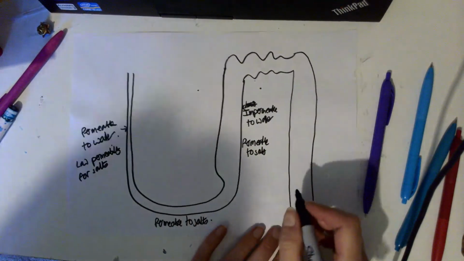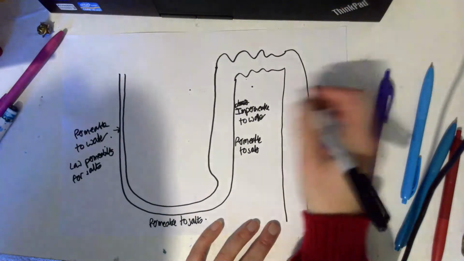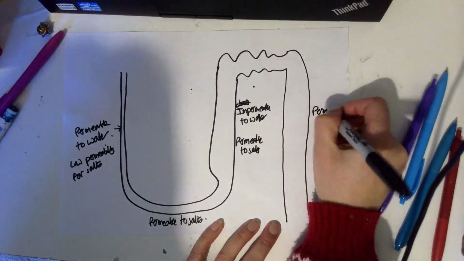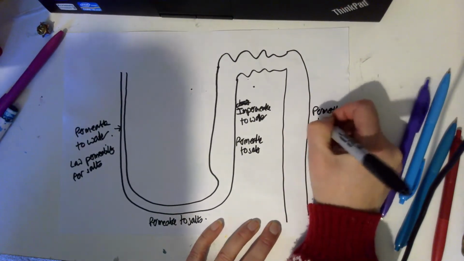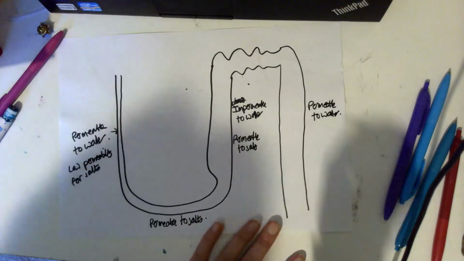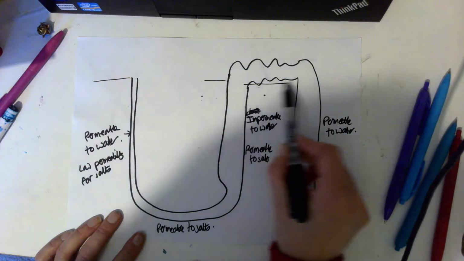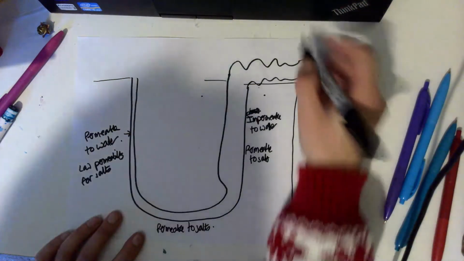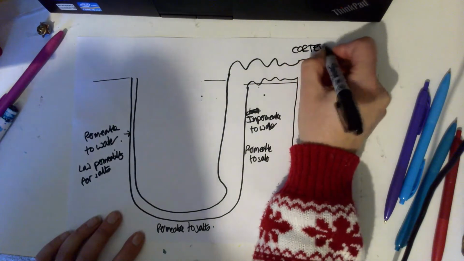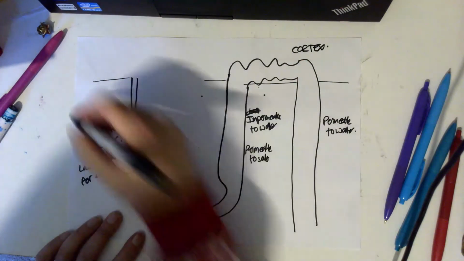The collecting duct is very permeable to water, and we're in the medulla actually, so at the moment we've got to the proximal convoluted tubules. They're at the top, those are the cortex, and everything below here is the medulla.